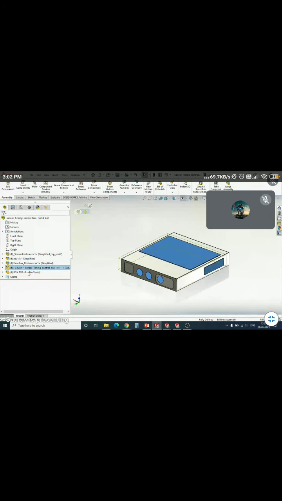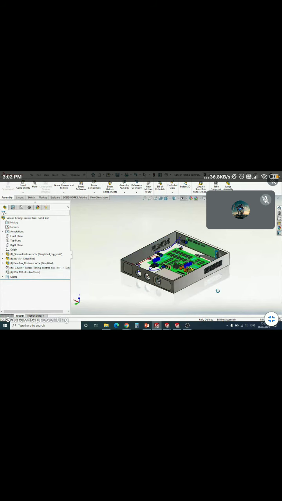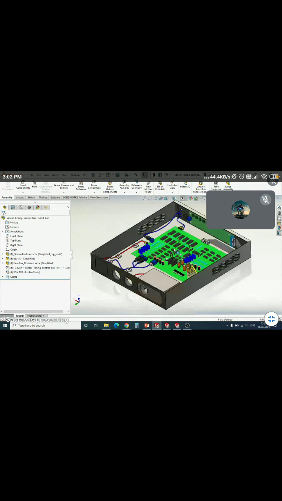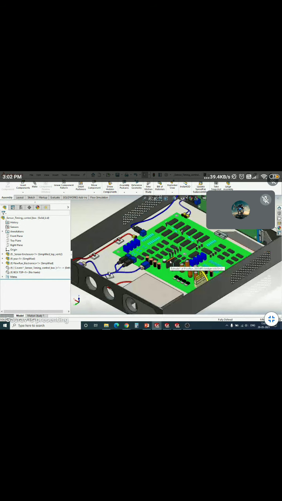Let me just hide a few components so that we can check. Okay. So there is a PCB laid over here. Then there are a few electronic components which are generating heat.